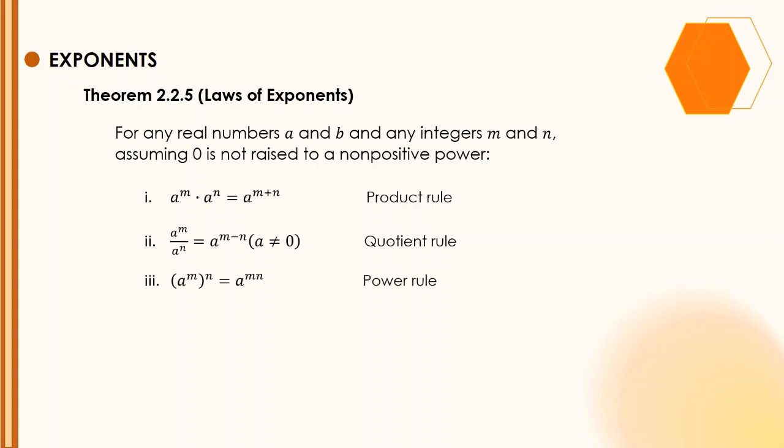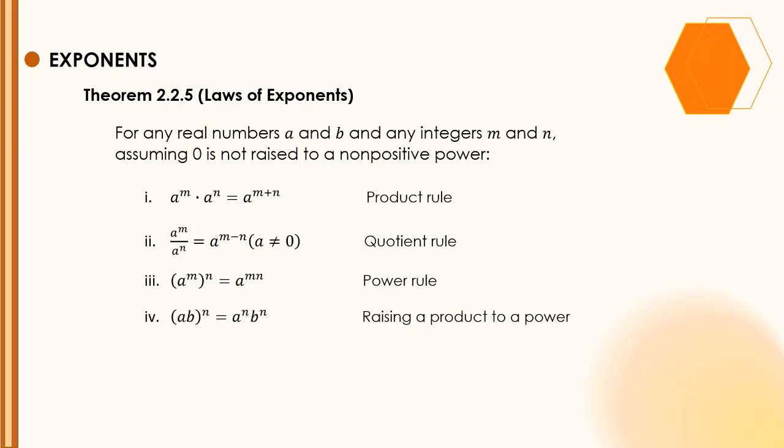For the third one is a to the power of m quantity to the power of n, which is equal to a to the power of mn. So this is a power rule. Ang power rule is i-multiply mo lang yung dalawang exponents.